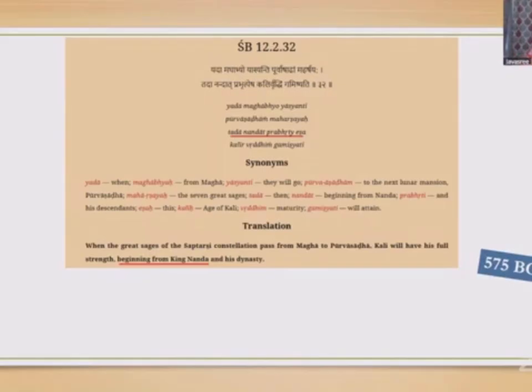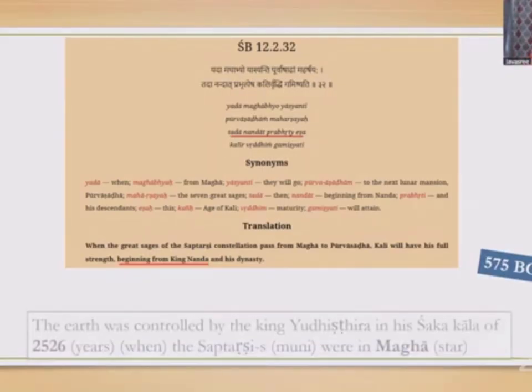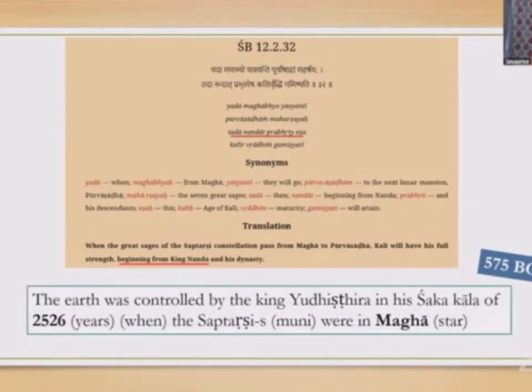And I have calculated the period from the text itself, because the same kind of verse has been given in Brihat Samhita, where the earth was controlled by King Yudhishthira in his Shakakala of 2526 years. The year has been given. During the year 2526, the Saptarishis were in Magha.